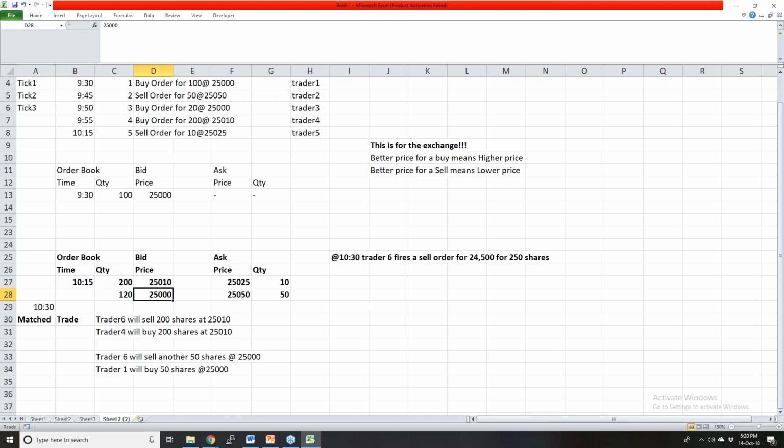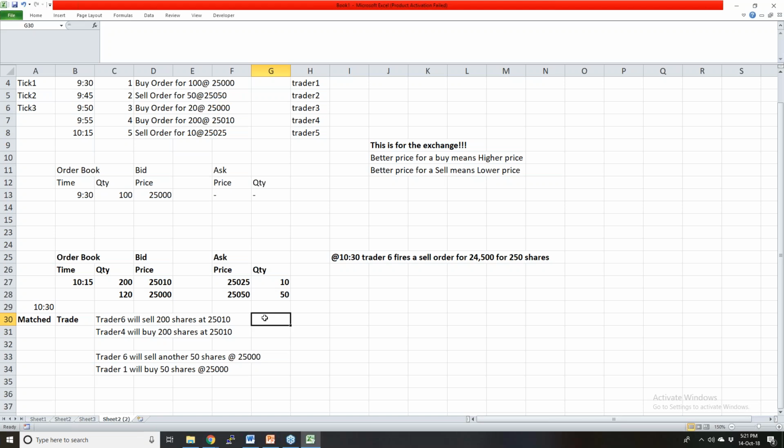For the seller, the best would be a higher price. For a buyer, it would be the lower price. So when I say best, the trade price is best for the buyer and the seller, not for the exchange. Is this clear?